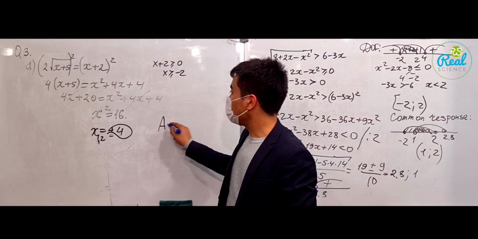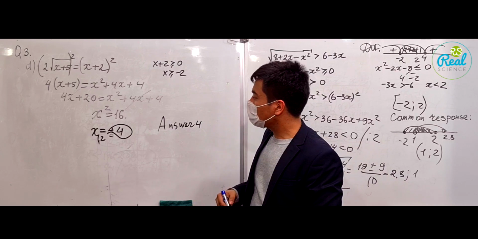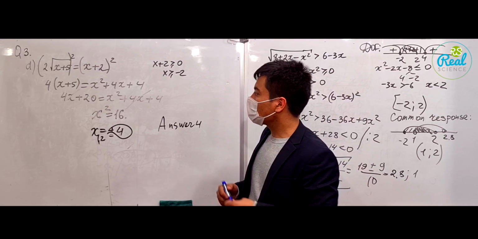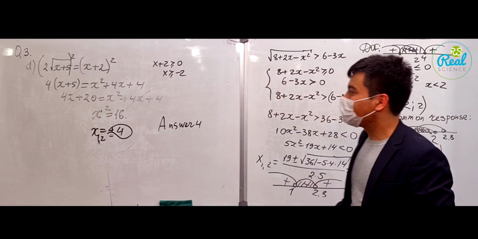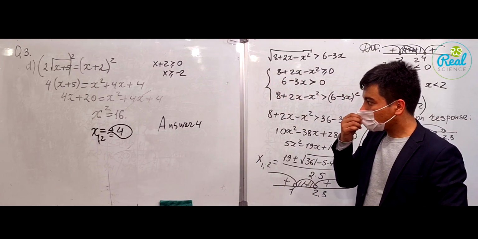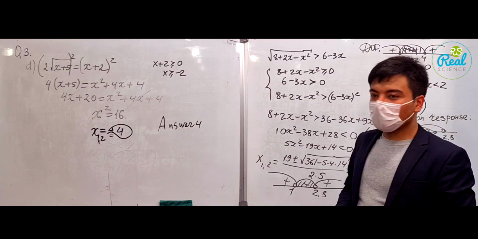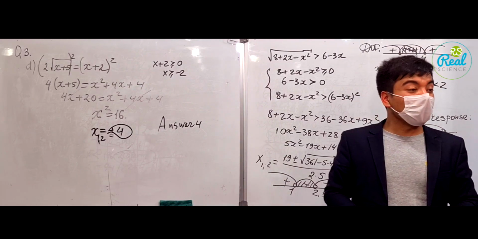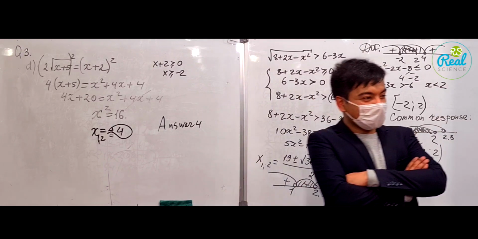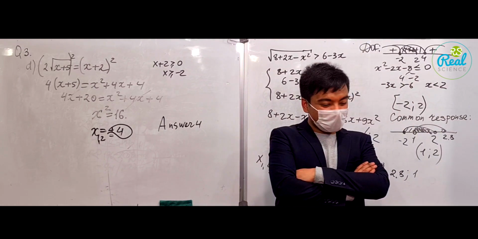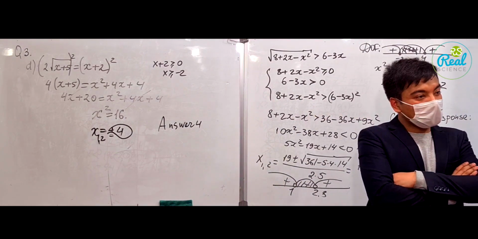Here x squared equals minus 16. How? When we change 20 to the right side, it will be 4 minus 20. But x squared. Yeah, you're right, student. Absolutely. Then, yeah, it's possible.